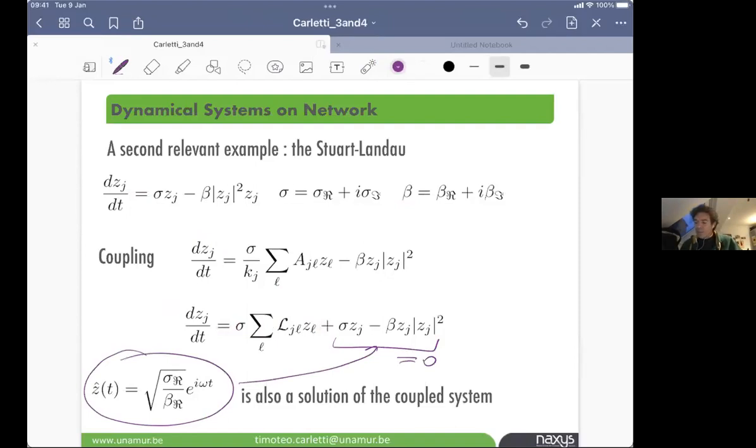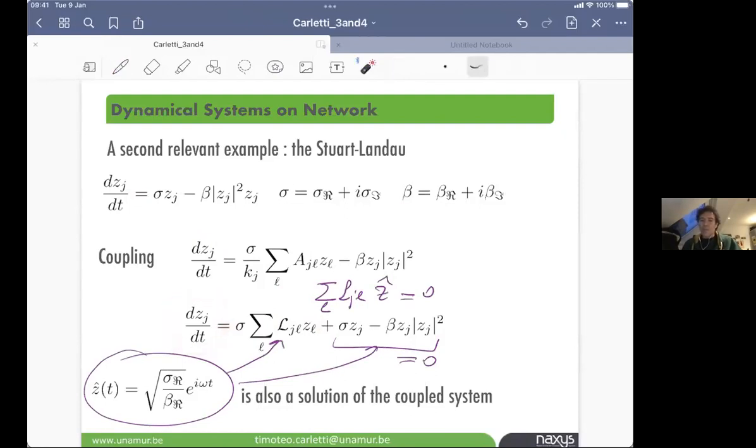And if you plug it into these terms, this gives you at the end the sum over l of Ljl times a function Z hat that does not depend on any index. And because the sum over l is 0, this is also 0. And so we have just proved that Z hat is also a solution for the coupled system.